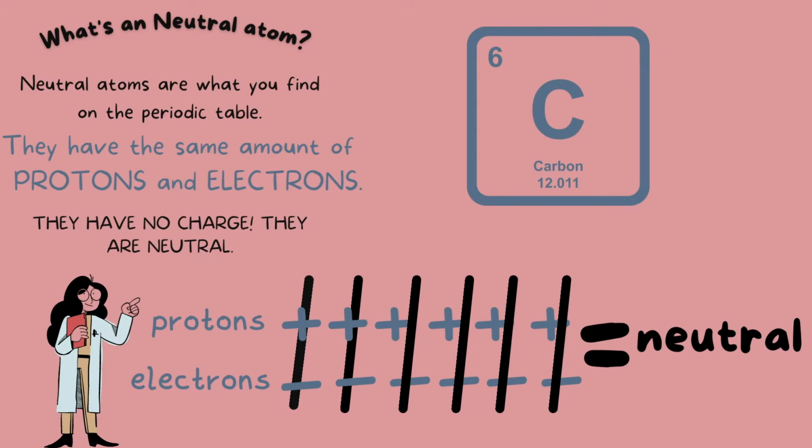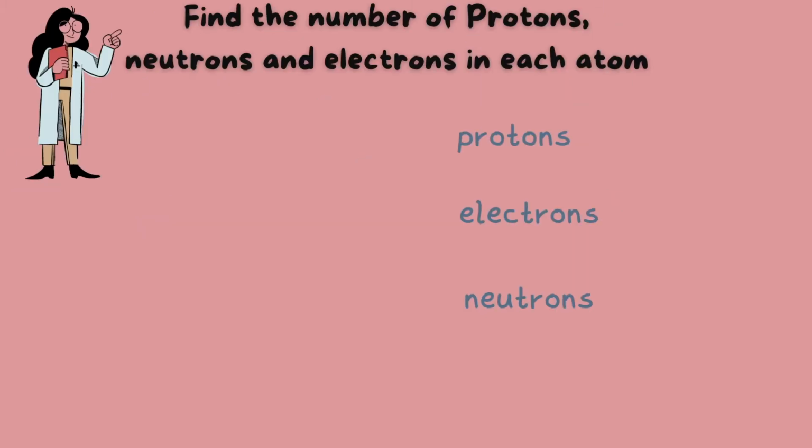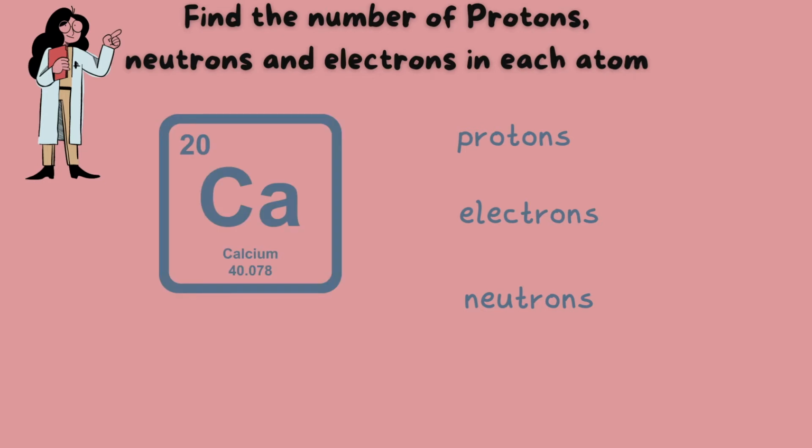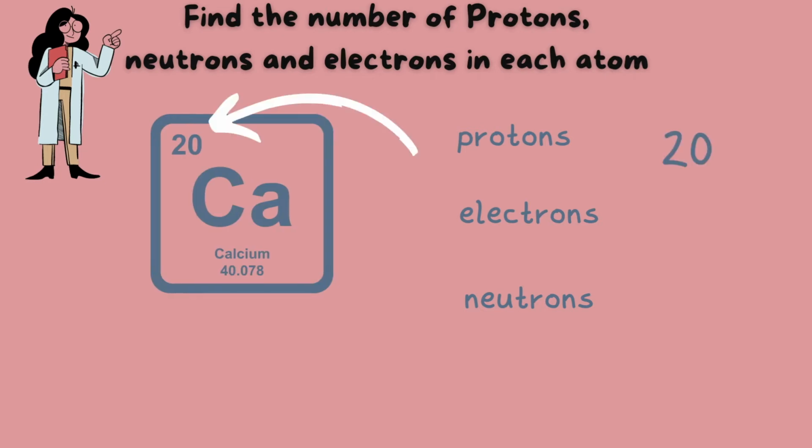Let's look at another example. On an exam, you will most likely see something worded kind of like this, where they ask you to find the number of protons, electrons, and neutrons in an atom with this given information. Here, the given information is the element calcium. We know it has 20 protons because it has an atomic number of 20.